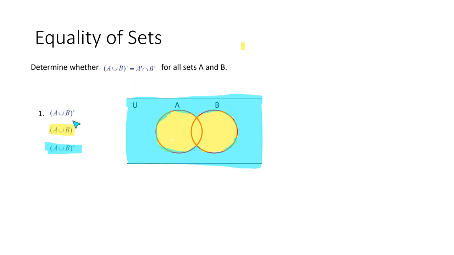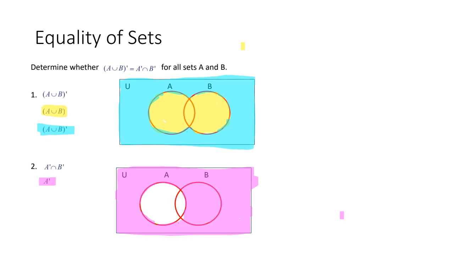So I just broke it down into steps. So first you do inside the parentheses. Then we take the complement, which is everything outside of the two circles, A and B, highlighted in turquoise. But now we need to figure out what is the right-hand side. Okay, so that's what we'll do next.